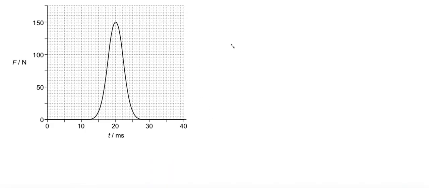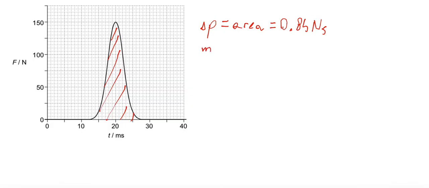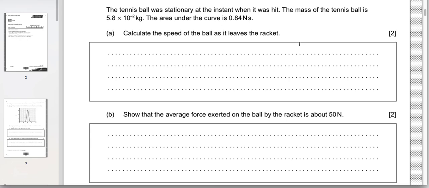First of all, I hope that you remember that the area under the force versus time graph means delta p, the change of momentum, and this area is given in the text, 0.84 newton seconds. I'm going to write all the data here. We have the mass of the ball, 5.8 times 10 to the power of minus 2 kilograms, and this area. You have to calculate the speed of the ball as it leaves the racket.